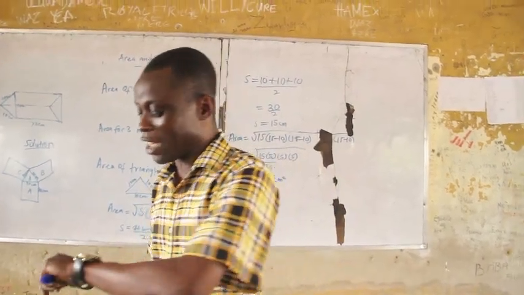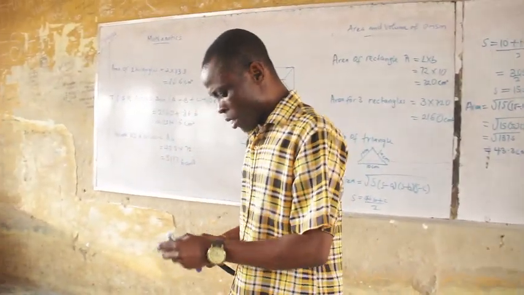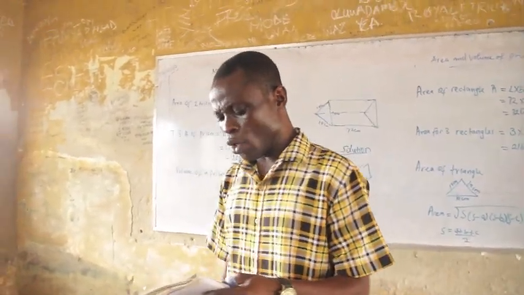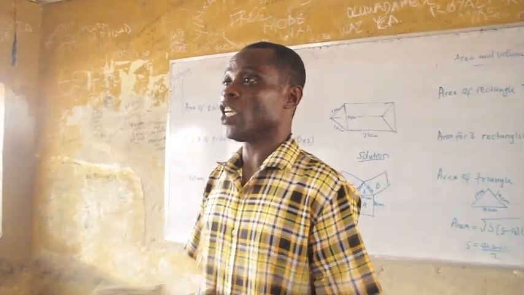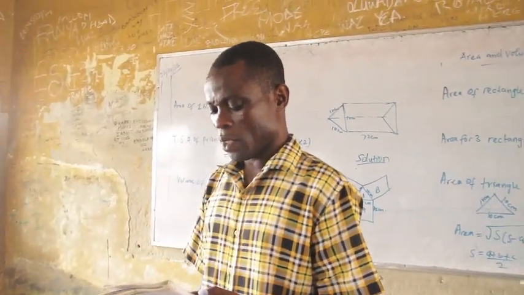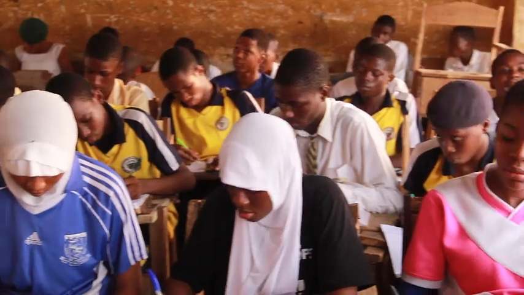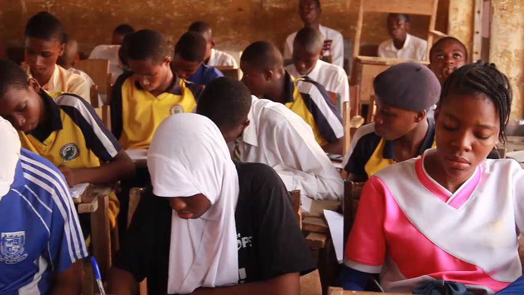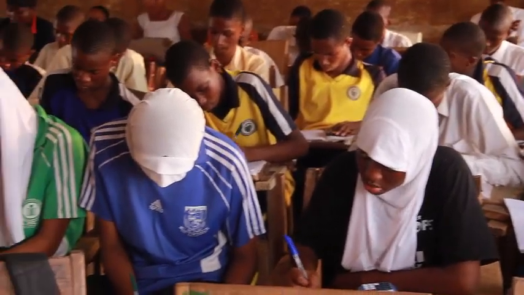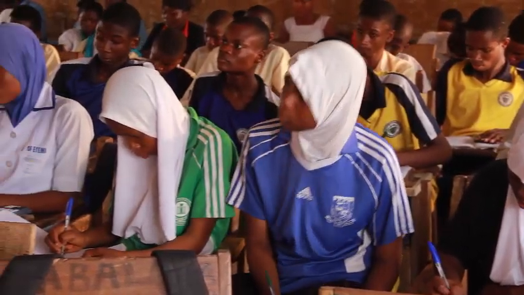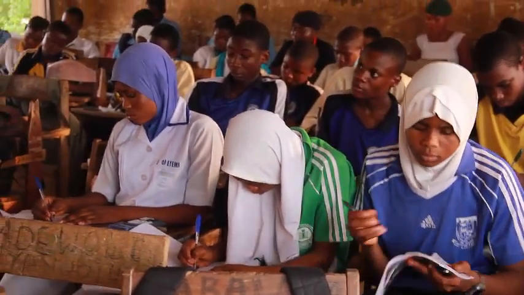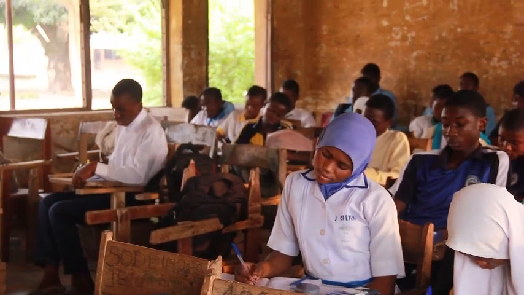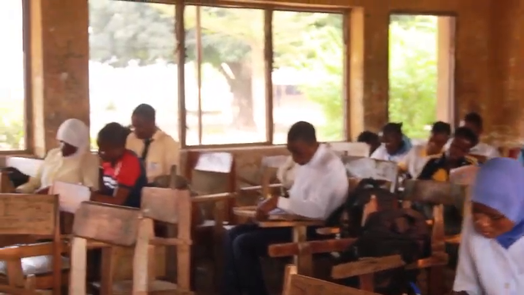I'll give you an assignment. Please quickly write down the question. In the diagram below, ABCDEF is a triangular prism.